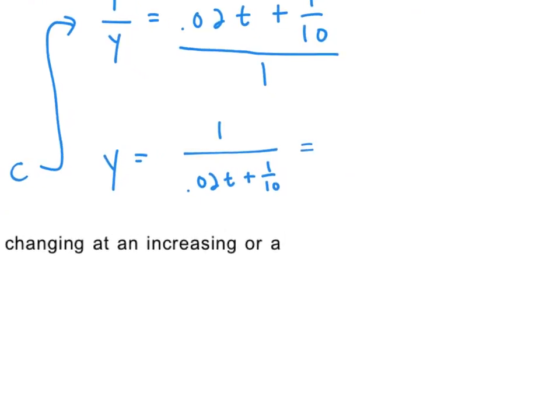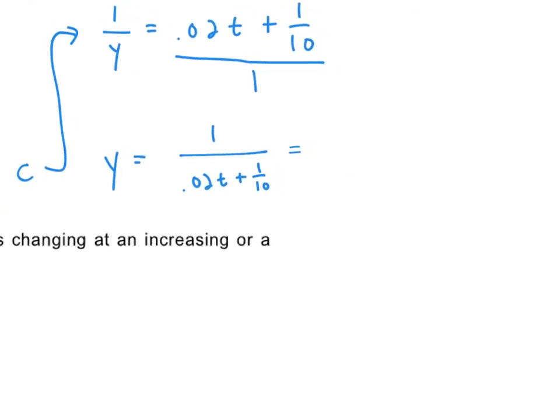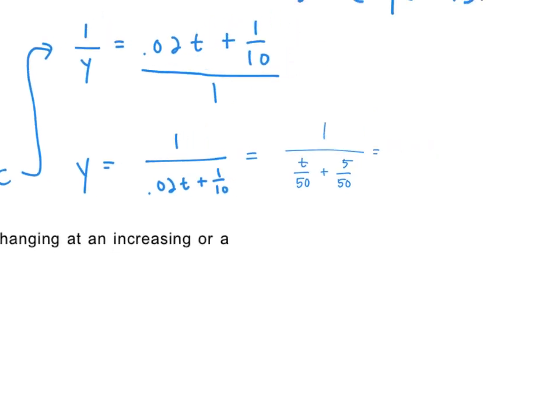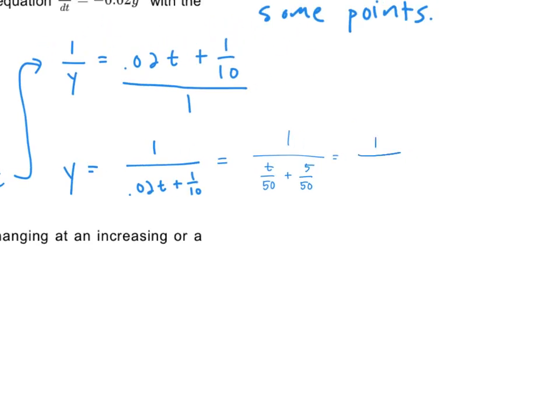We probably wouldn't want to leave it like that. The way to do it would be to find a common denominator in the bottom. So 0.02 is 1 over 50, so this would be t over 50 plus, and then 1/10 is 5 over 50. And now we can see this is 1 over (t plus 5) over 50, and then that's just a reciprocal.